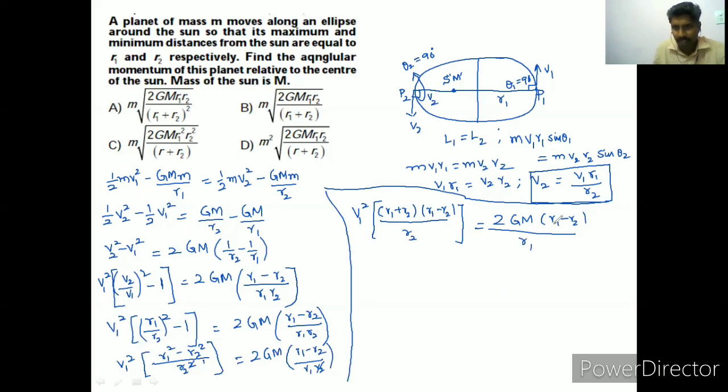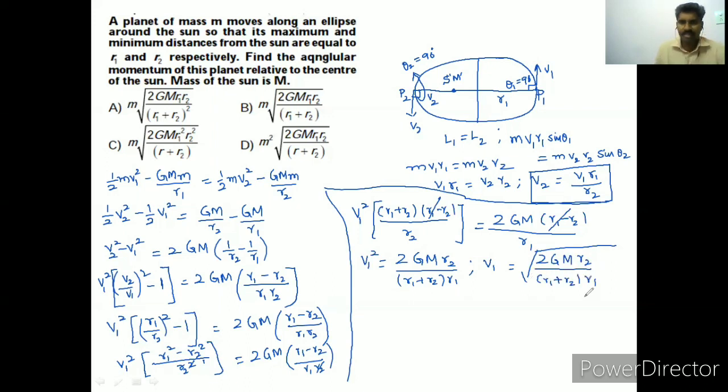Now this term cancels, so v1 square is equal to 2 G M r2 by (r1 plus r2) into r1. So v1 is the square root of 2 G M r2 by ((r1 plus r2) r1).